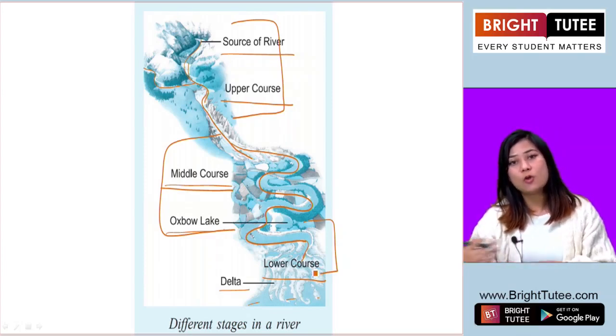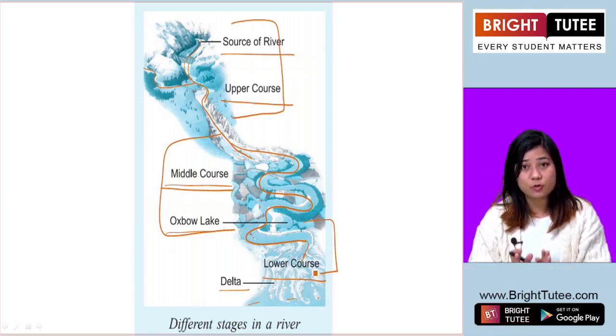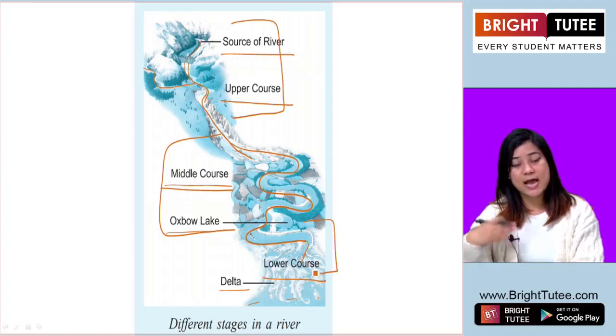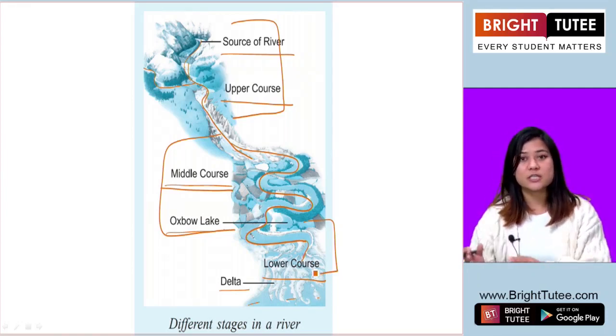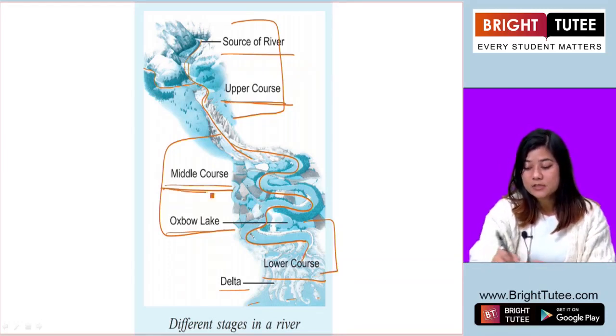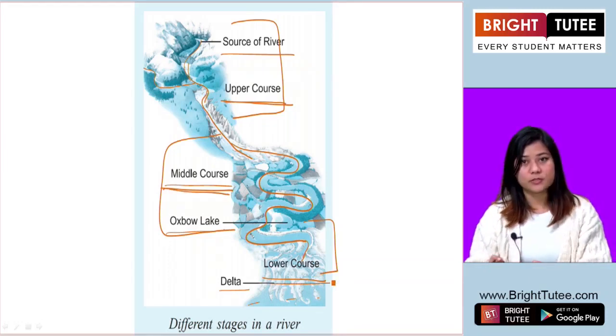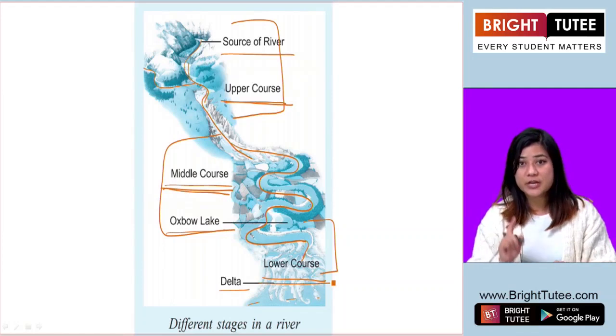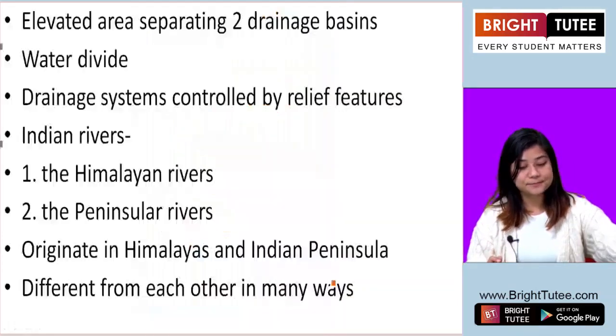No matter how long the river is, no matter how short the river is, they undergo various stages as they flow, and those stages are mainly three stages, called upper course, middle course and lower course. And remember, the area drained by a single river is called drainage basin. All right.